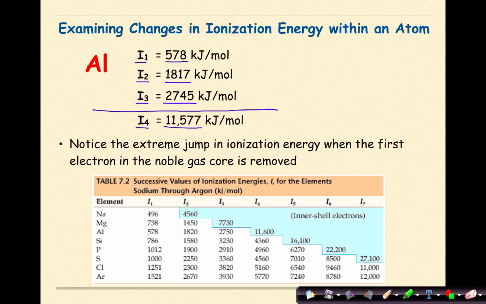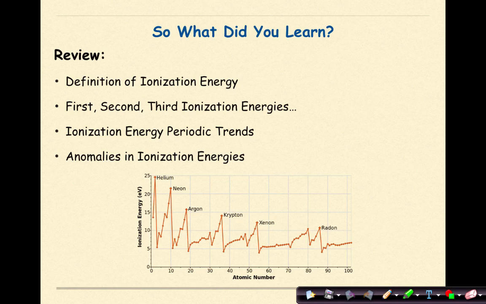Because remember, these 3 ionization energies represent our 3 valence electrons. So you can pretty much predict how many valence electrons an element is going to have just by looking at ionization energies. As soon as you see a relatively big jump, at that point you know that you've gotten into your core electrons.